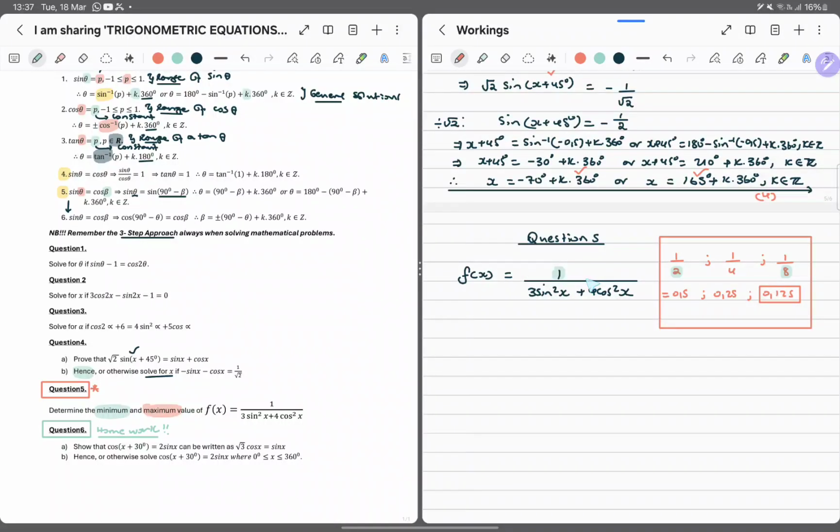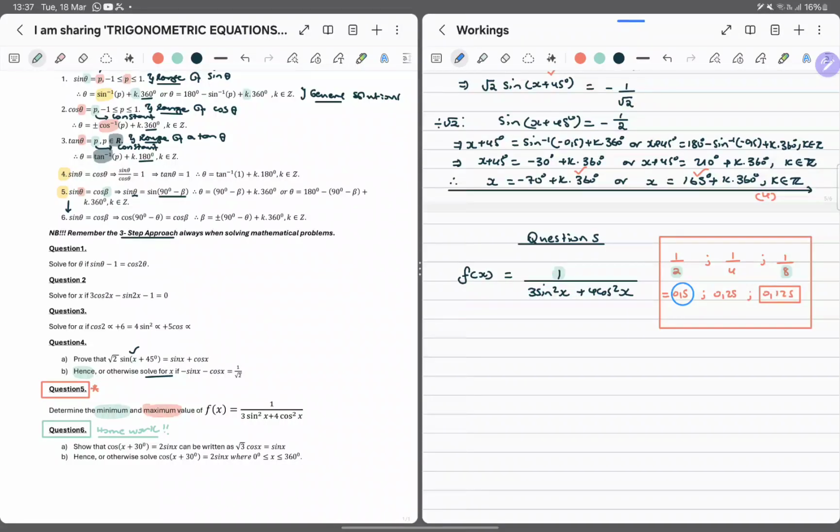Right? And in the same light, when we have the smallest denominator for the same numerator, we get the greatest ratio. So that means we need to consider both the maximum and minimum.